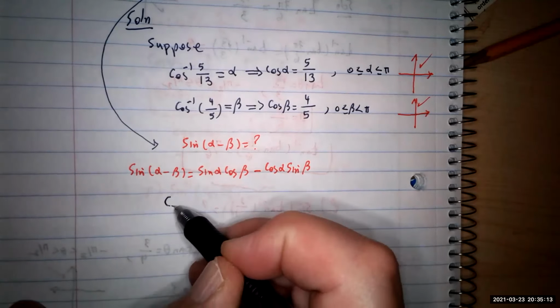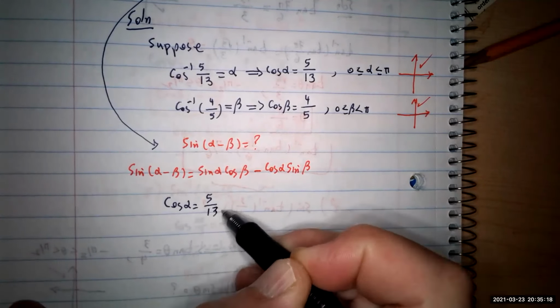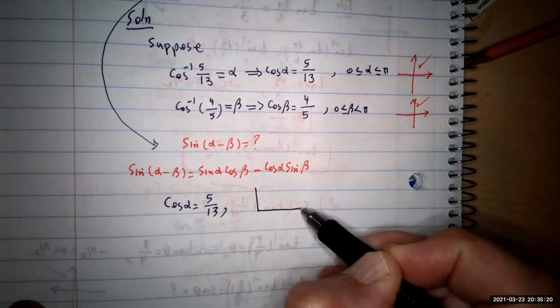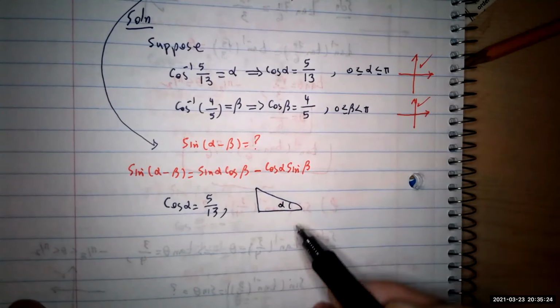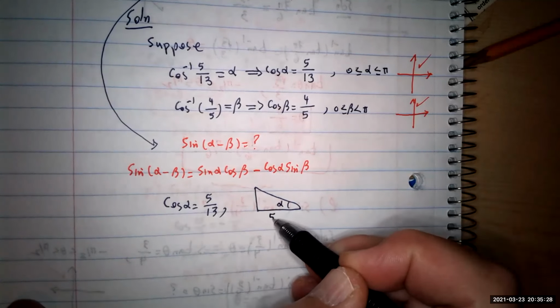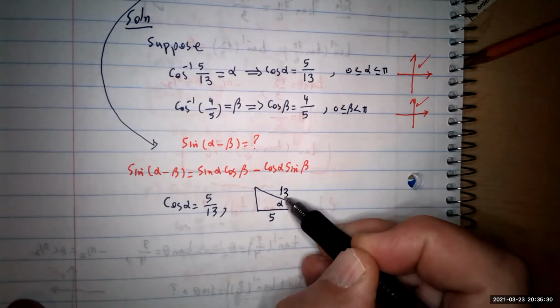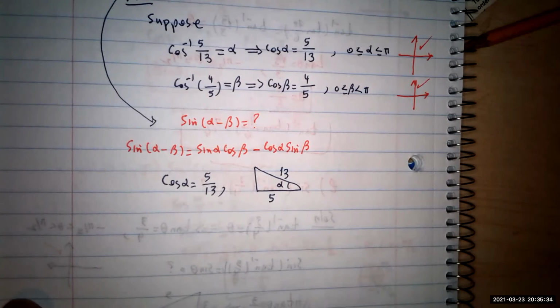Okay, so let's start with the cosine of the alpha, which is 5 over 13. So we get the right triangle. So this is going to be your alpha. And you have a cosine, so this is going to be cosine. And that would be 169 minus 25, 144.